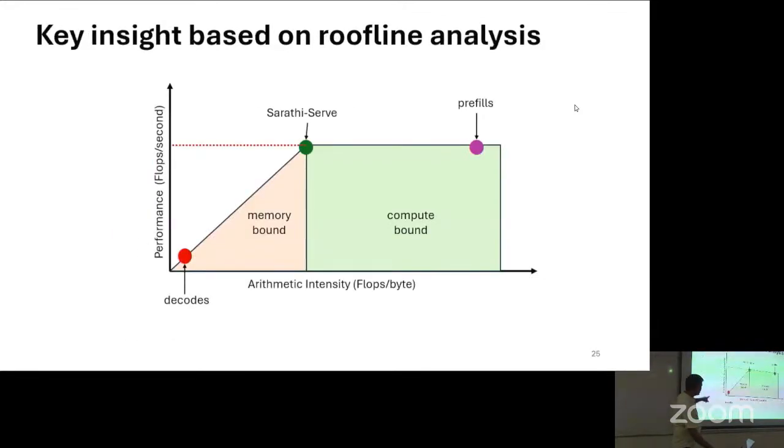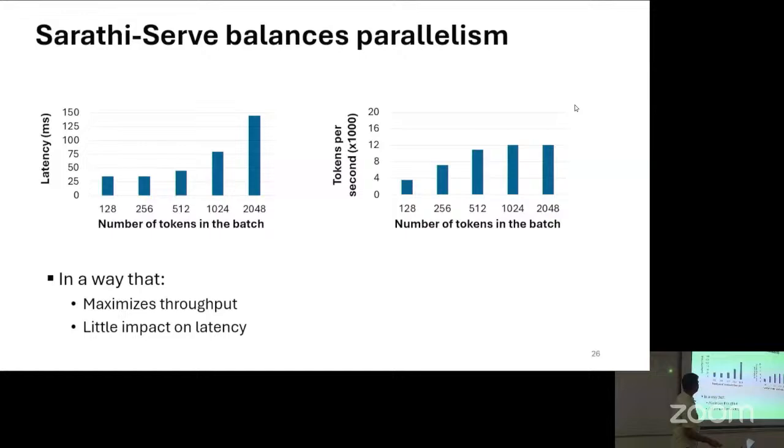So we profile a model based on this and see what should be the number of tokens where we achieve the knee point of this curve, right? We profile it and pick the point that we want to operate at.